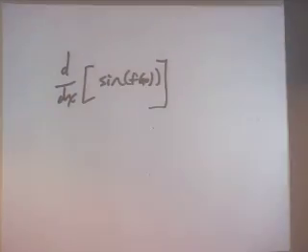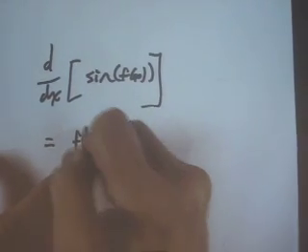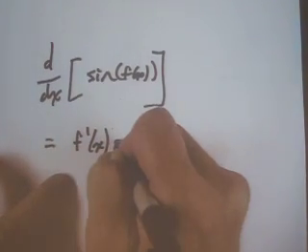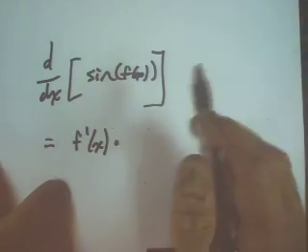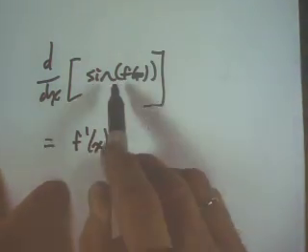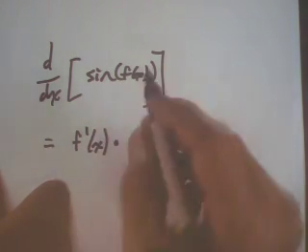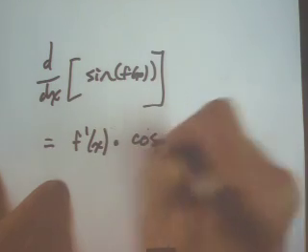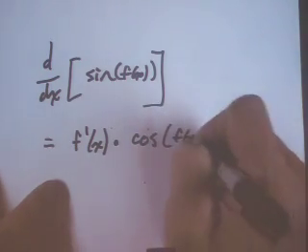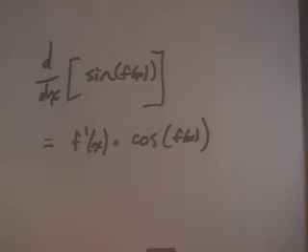Well, this derivative would equal, if we apply the chain rule, f prime of x times the derivative of sine evaluated at the inside function. And the derivative of sine is cosine of f of x. So there's the rule for sine of any function of x.